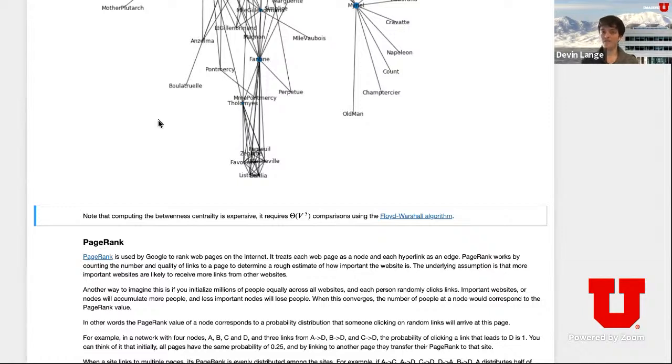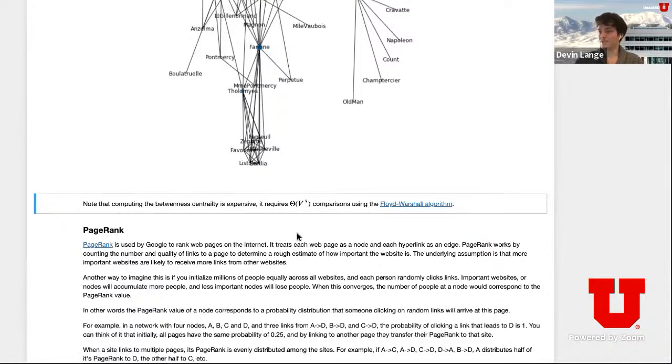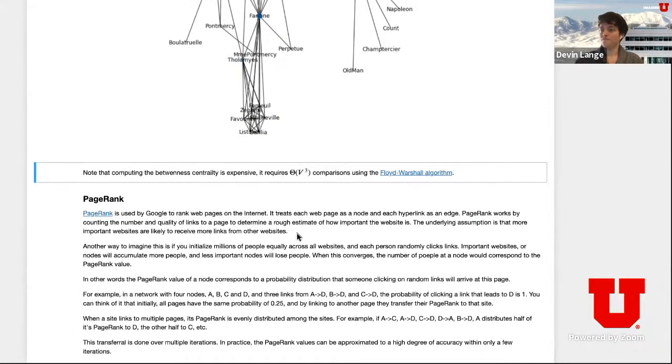Though if your edge weights are always 1, or if you have a sparse graph, this can be done faster. But in general, with weighted graphs, this is going to be your runtime.